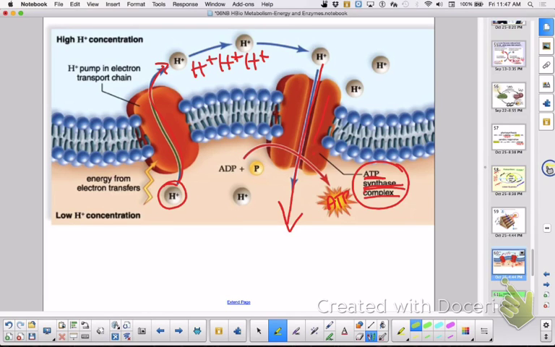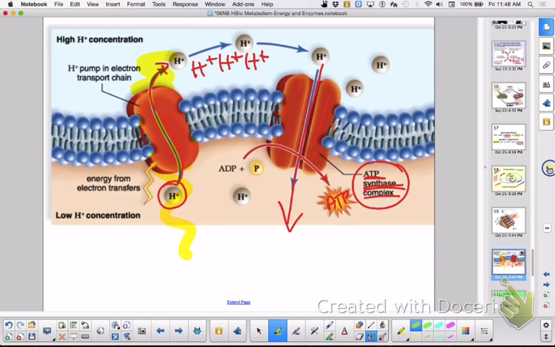It is a series of redox reactions. Every time electrons transfer to a new carrier, energy is released to pump hydrogen ions. Right here, and that's occurring right there. Energy is used to pump hydrogen ions to one side of the membrane. An electrochemical gradient is established.